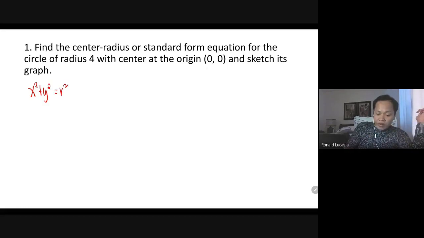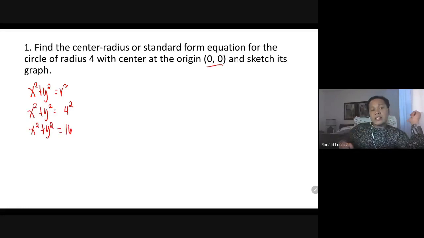Our origin is (0, 0), so the h and the k coordinates are 0. We substitute the radius, 4 squared, which gives us x squared plus y squared is equal to 16. That is the center-radius or the standard form equation of the circle.